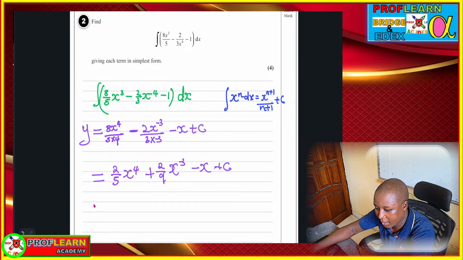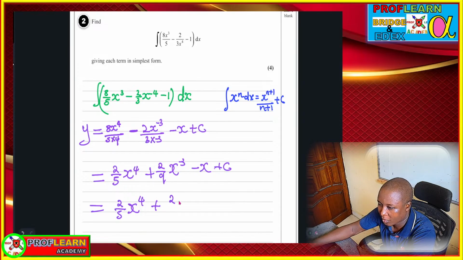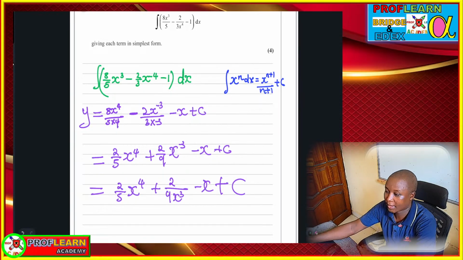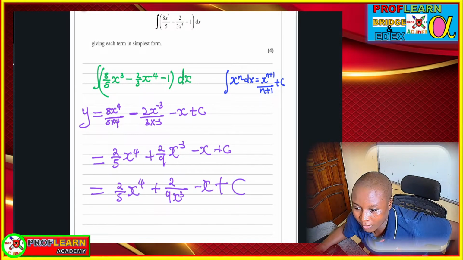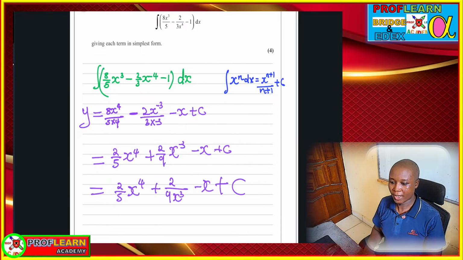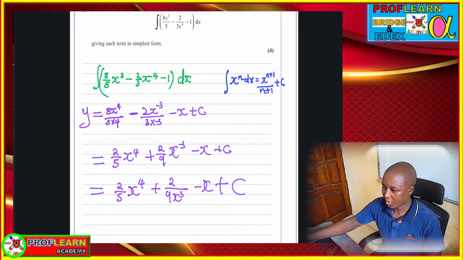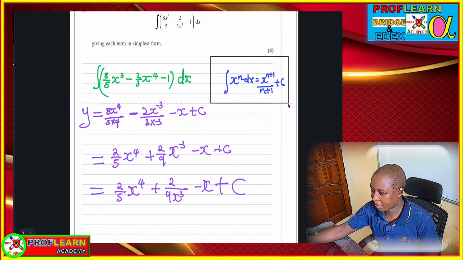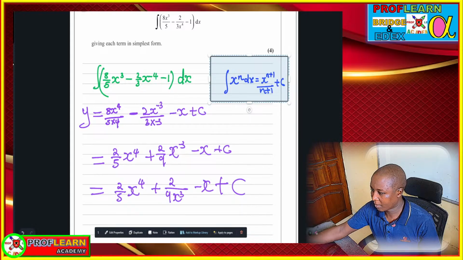So I can write this in simplest form to be 2 over 5 x to the power 4 plus, of course this will be 2 over 9 x cubed minus x then plus c, and that becomes our final answer in that case. So basically you must know how to perform integration. This is the part that you ought to remember.